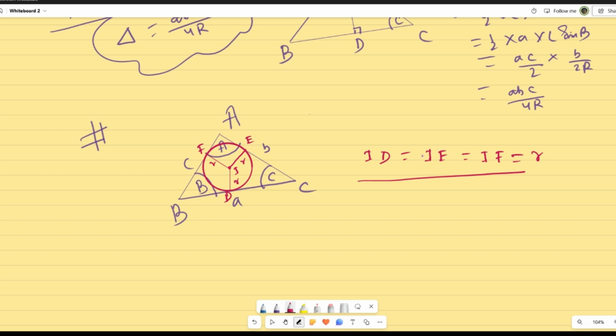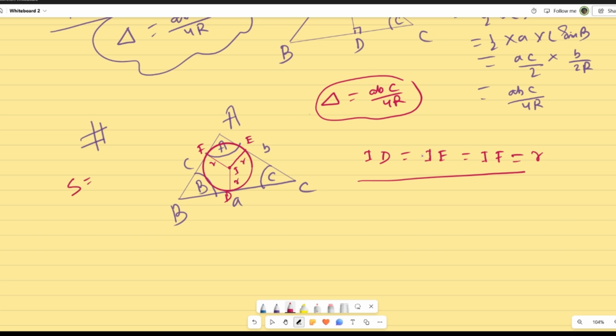Okay. The area of the triangle we can express in terms of this inradius. Okay, how? Delta you got in terms of circumradius, ABC by 4R. Here you are going to write the area in terms of the inradius also.